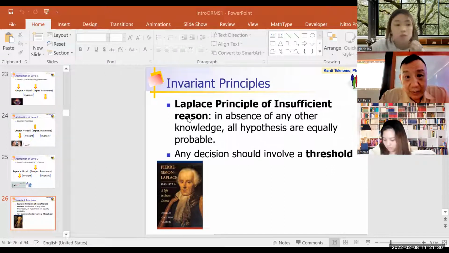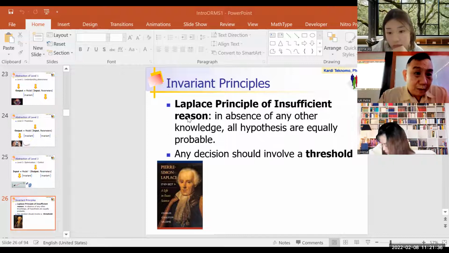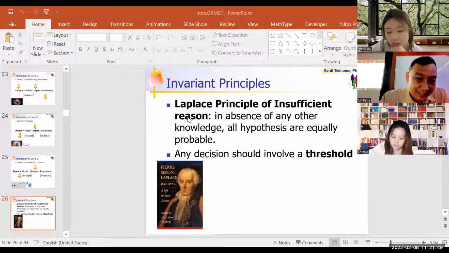In the absence of any other knowledge, all hypotheses are equally probable. If I don't know the distribution, I will assume a uniform distribution, not a normal distribution. If I don't know anything, I will just assume they are equal.